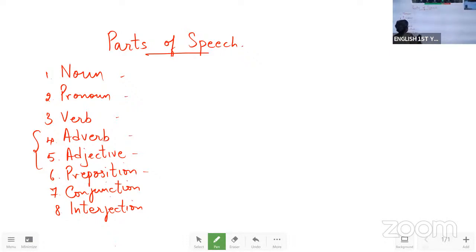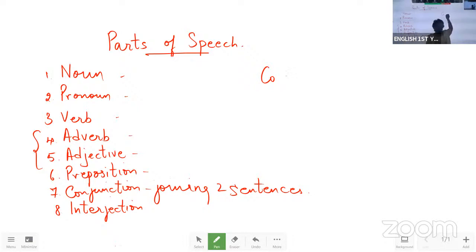Now coming to conjunction, conjunction is joining two sentences. But what children don't know is there are two types of conjunctions. One is coordinating conjunction and the other is subordinating.